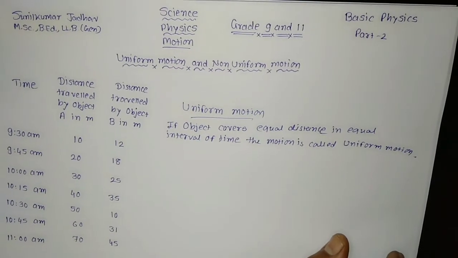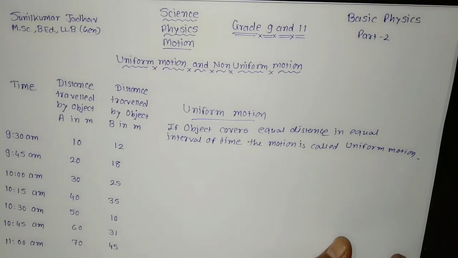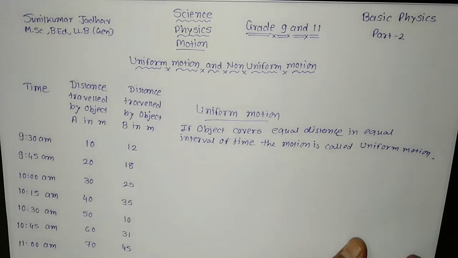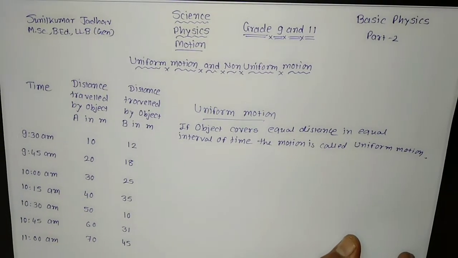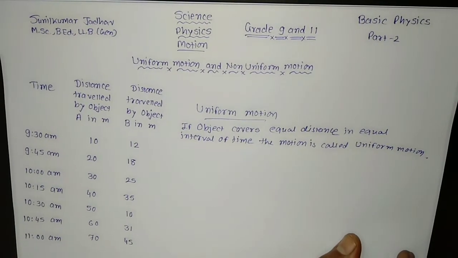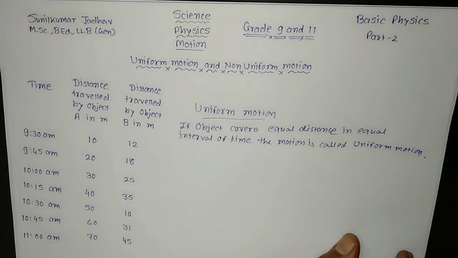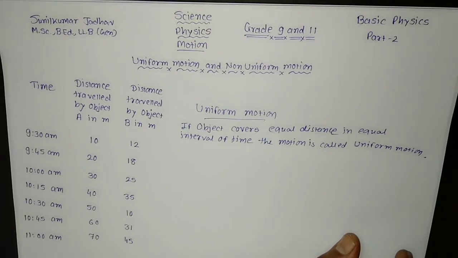Then the road is smooth, you can travel 2 kilometer in the next 5 minutes. Then again you find traffic, and you travel only half a kilometer in the next 5 minutes. In such motion, where in the first 5 minutes you traveled 1 kilometer, in the second 5 minutes 2 kilometer, and in the third 5 minutes only half a kilometer, such motion is considered to be non-uniform motion.